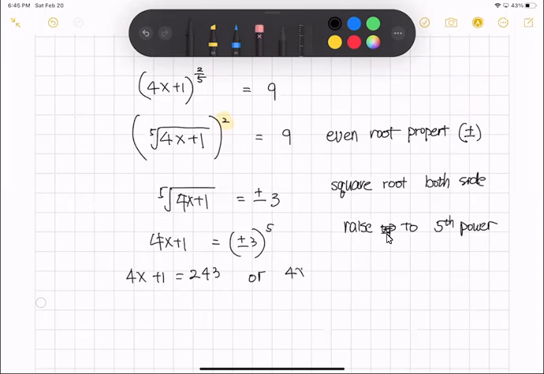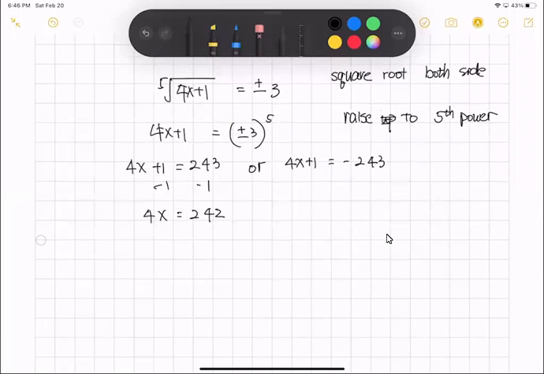Or 4x + 1 equals negative 243. We subtract 1 on both sides. We have 4x = 242. And then we divide by 4 on both sides.